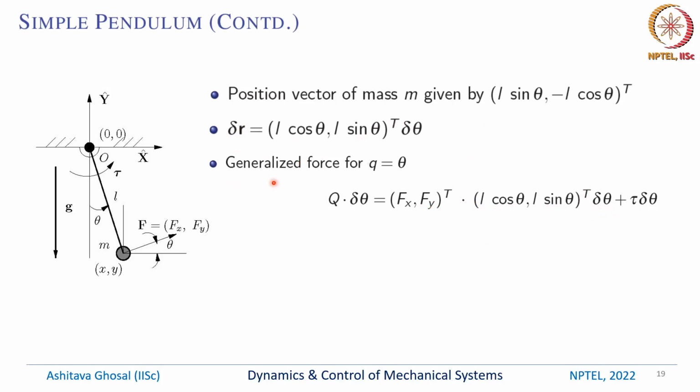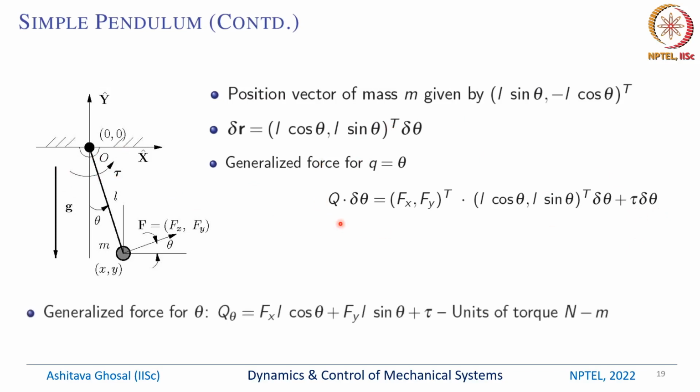And we also have a component of the generalized force due to this torque, which is tau times delta theta. So you can simplify and cancel delta theta from both sides, and you will get Q theta is Fx times L cos theta plus Fy times L sine theta, which is coming from this part, plus tau.